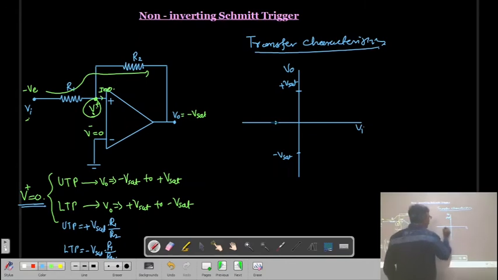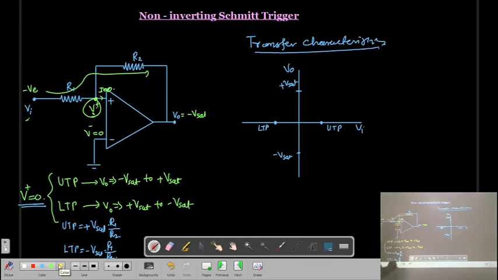So let us say this is my LTP and this is the UTP. Now, as already mentioned, when a large negative input voltage is applied, the output of the Schmitt trigger will also be in a minus V saturation.